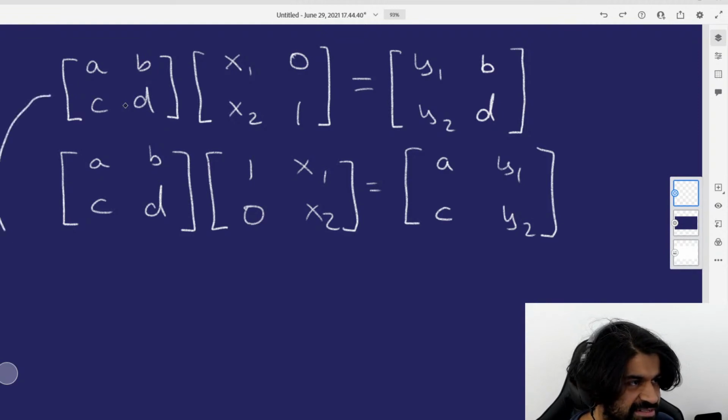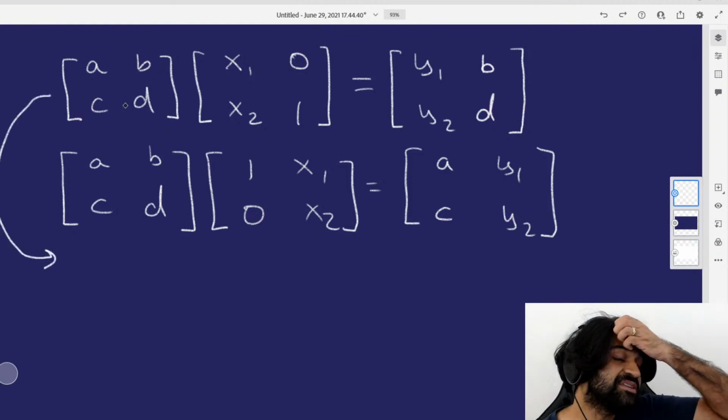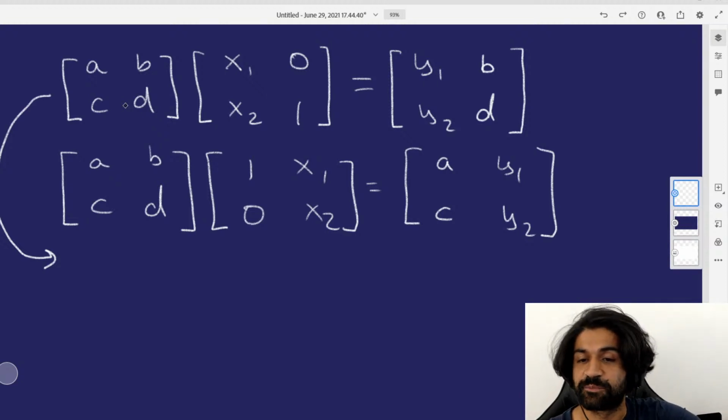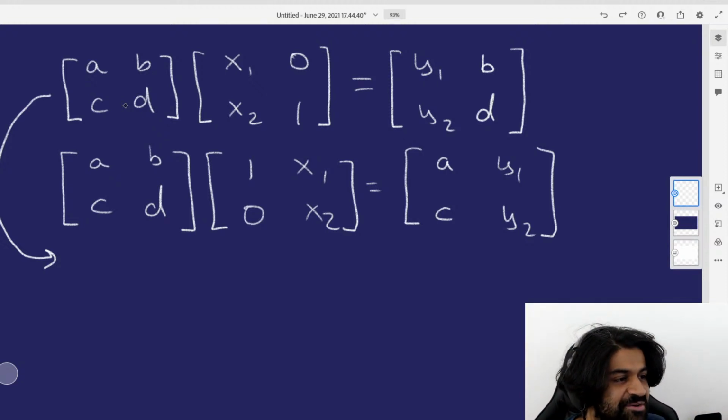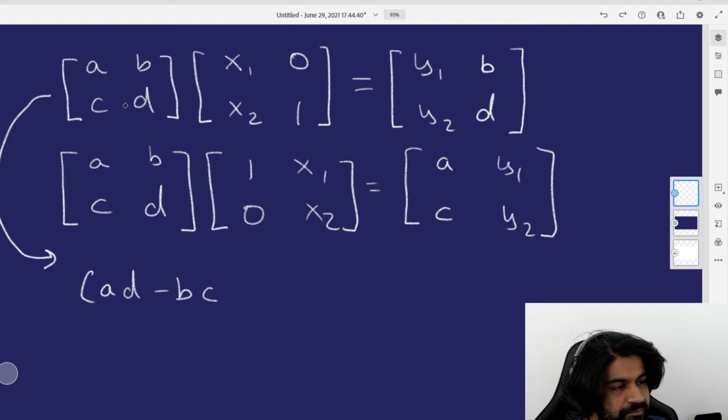Let's look at this first system over here. Once again, I'm using the fact that the determinant of the product in this situation is the product of the determinants. So if I take determinants on both sides, this becomes AD minus BC. Agreed? Okay. What happens if I take the determinant of this second matrix over here?